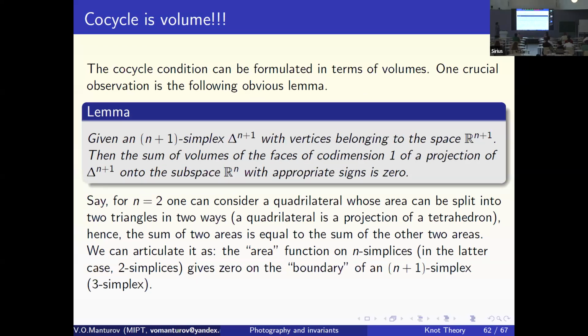So if we put a simplex into a hyperplane of smaller dimension, like if we draw a tetrahedron on the plane, then the sum of areas will be 0. Well, the sum of areas with signs. So for 4 triangles, the sum of 2 is equal to the sum of other 2. And this is actually the cocycle condition. And this is how to explain why de Graaff-Witten fit into the photography method.